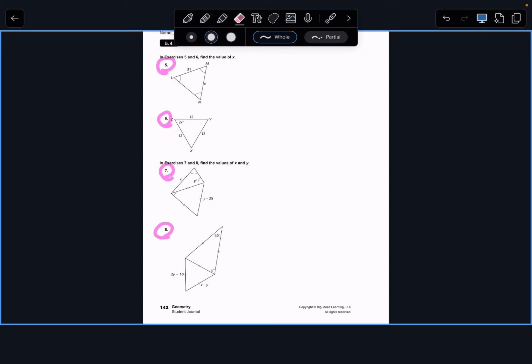Why is it 3y minus 75? These are sides, not angles. So whatever y is, you're gonna put in here, right? And then you know that that's what x has to equal because these two have to be the same if it's an isosceles triangle.